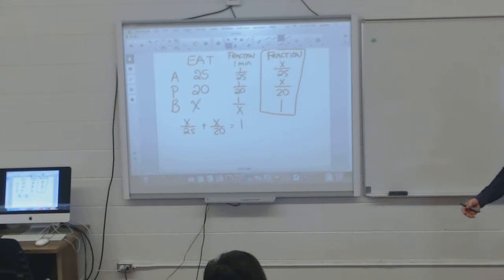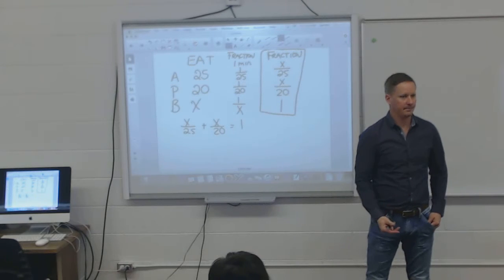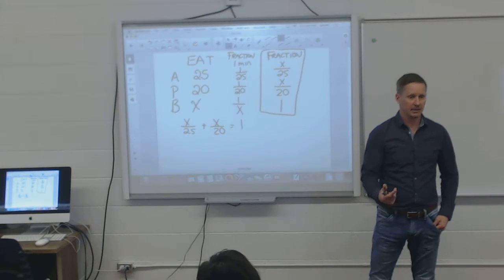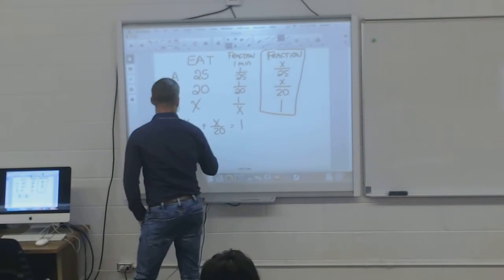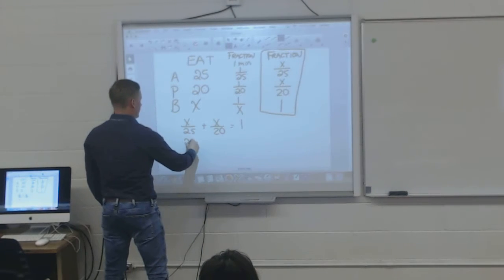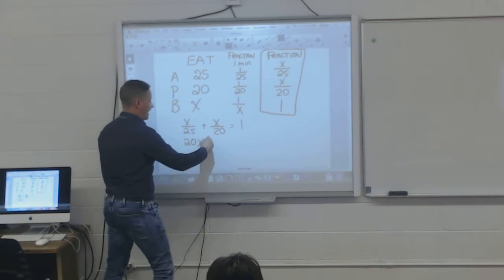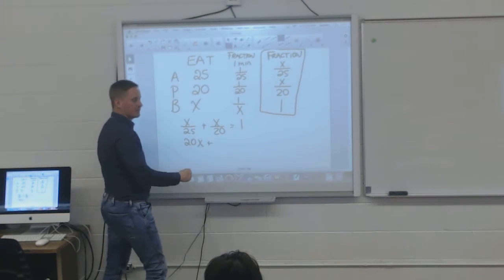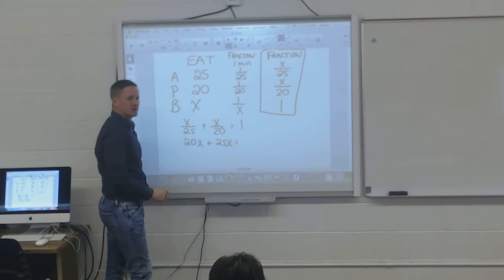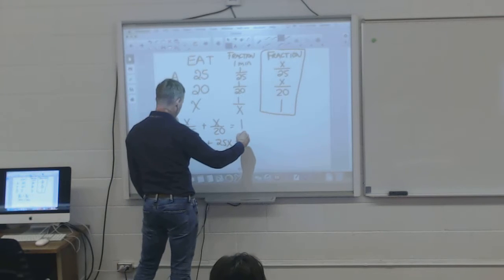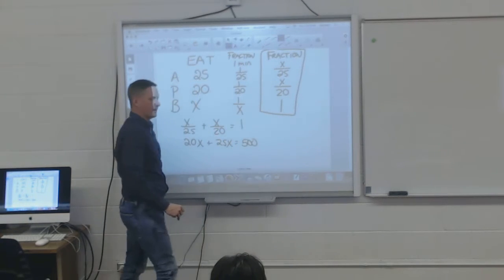The denominator. So I'm going to times everything by 25 and 20. That's my 2 denominators. I'm going to shorthand this. That's going to be 20x right here, added to 25x. And then 20 times 25, which is 500.